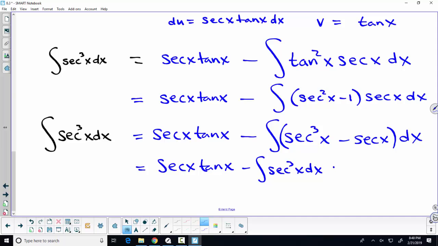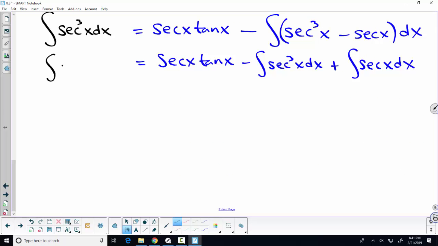Minus minus, so I have plus the integral of secant x dx. Do we know the integral of secant? We had the secant cubed to the other side. But then that leaves us with integrating secant, which is why we talked about on the first page what the antiderivative of secant actually is.